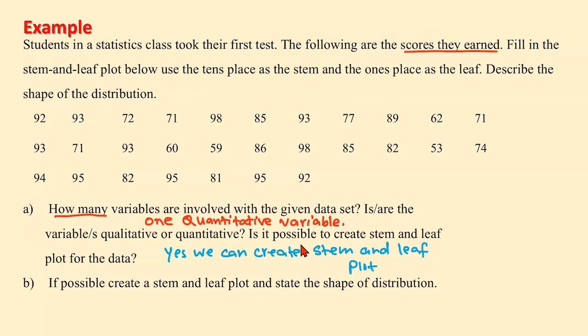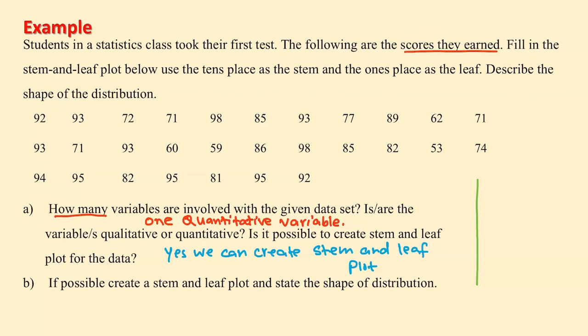If we can create it, we have to create it, right? That is the second one. If possible, create the stem and leaf plot. In order to create the stem and leaf plot, what we do is draw a vertical line to separate the stem and leaf like this. And then you can see that we have the data values in 50s, 60s, 70s, 80s, and 90s.